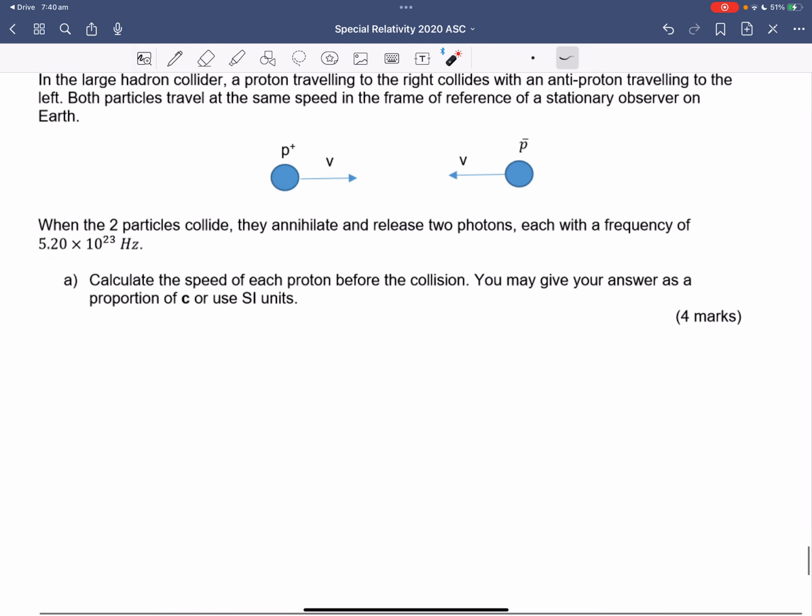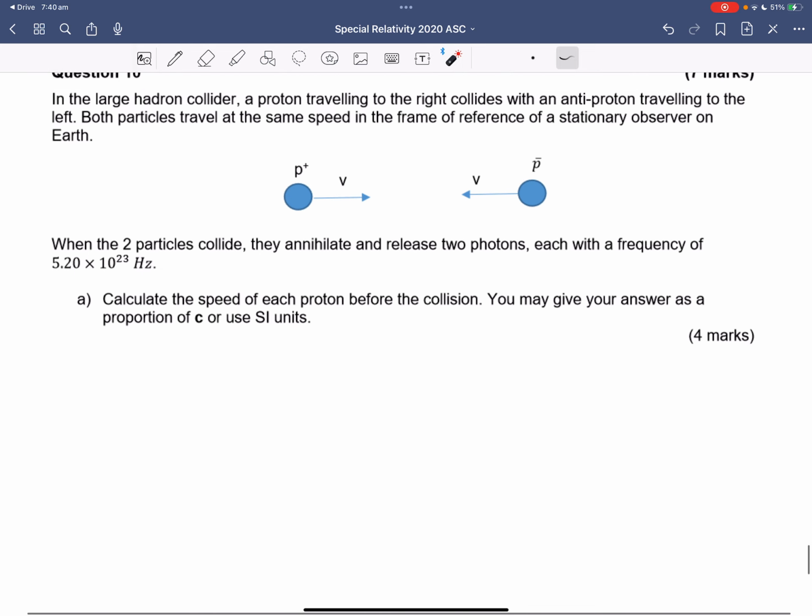So here's the thing. What energy turns into what energy? I want everyone to realize that what we have is the energy of the proton times 2. They both have the exact same energy, same mass, same speed. And all of that is turned into 2 photons, equals energy of photon times 2, because they each have this frequency.